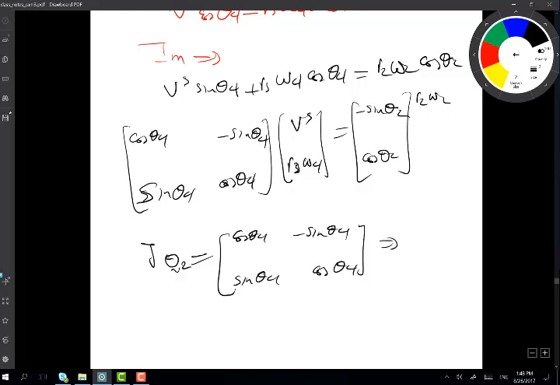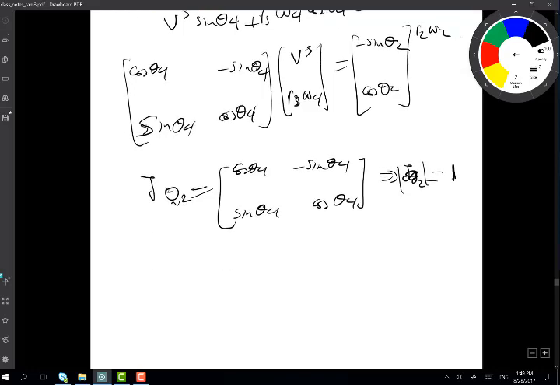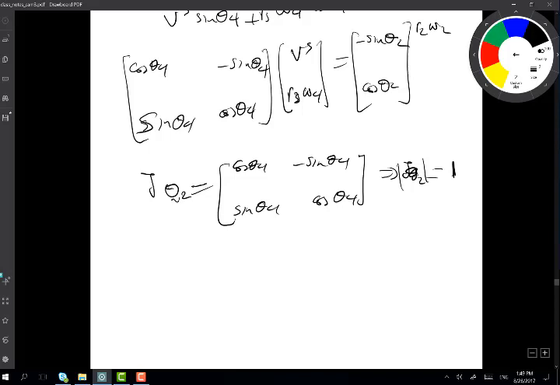The determinant of that is simply equal to 1, because you multiply cosine squared plus sine squared, which is 1. Then for J theta 4, I replace the second column by the right hand side.